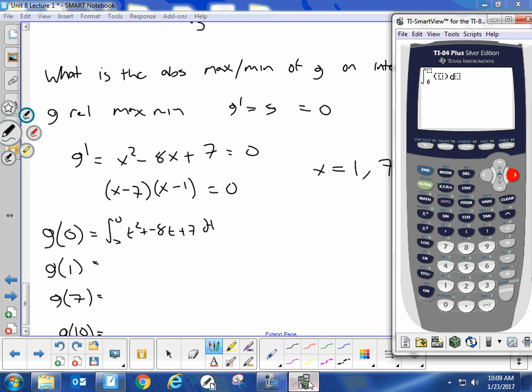Okay, it'll take your calculator a lot less time to plug in this and calculate these definite integrals. Okay, so this is 6.